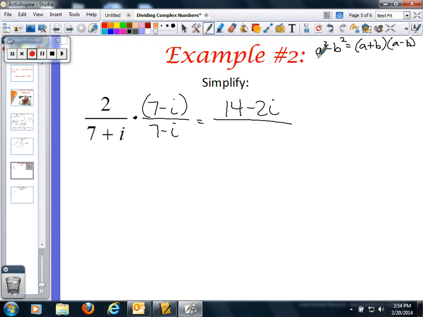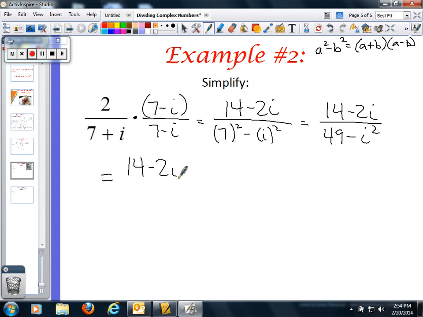So it's a squared, which is 7 squared, minus i squared, which is 14 minus 2i over 49 minus i squared. We know that i squared is negative 1, which gives me 14 minus 2i over 50.